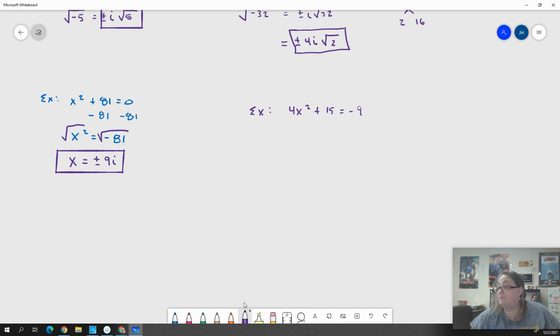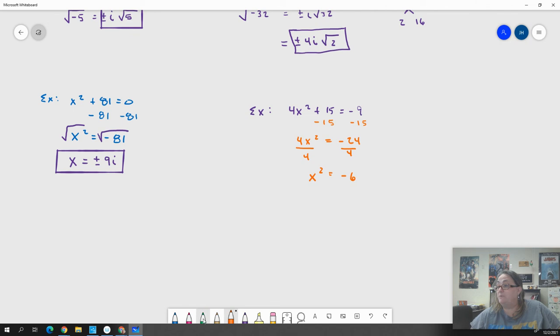We're going to work backwards with it, and we're going to start by subtracting 15 from both sides until we get x squared all by itself. What is that? Negative 24. And then we're going to divide this by 4 because we have 4 being multiplied to x squared. So we're going to divide by 4. And we're going to be left with x squared equals negative 6.